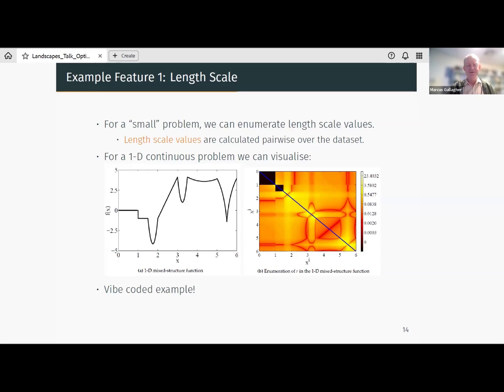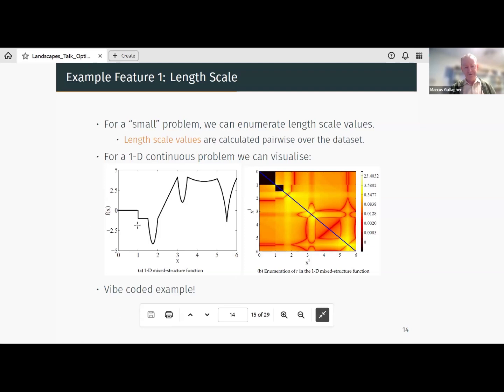And because this problem is one-dimensional, we can do a visualization of that whole data set on the right here, with the xi and the xj being pairs of points from the sample, and then the color is showing you the length scale value. So you kind of see that in a way it's a transformation of the function, where you can see that there's this rich structure or information that's to some extent being captured by the length scale values.